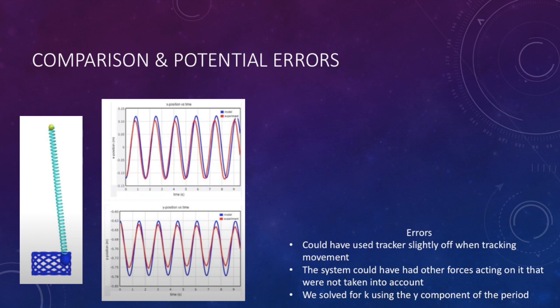And as you can see, they are pretty similar in both ways. The y position is slightly more similar, and that is likely because we solved for k and our L naught using our y period instead of our x period, which is why the x might look a little bit off, and that could be a potential error.